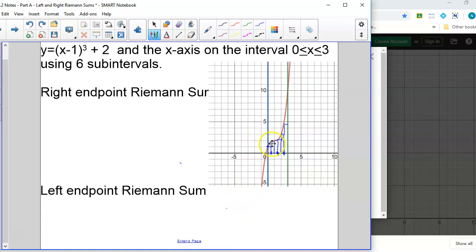So if we're doing the left endpoint Riemann sum, let's just think about this for a second. Each one of these little rectangles has a width of 0.5.